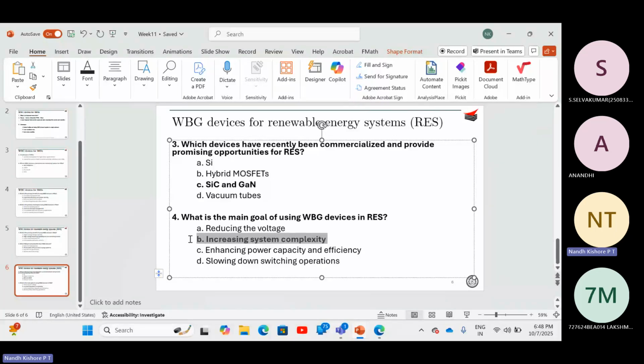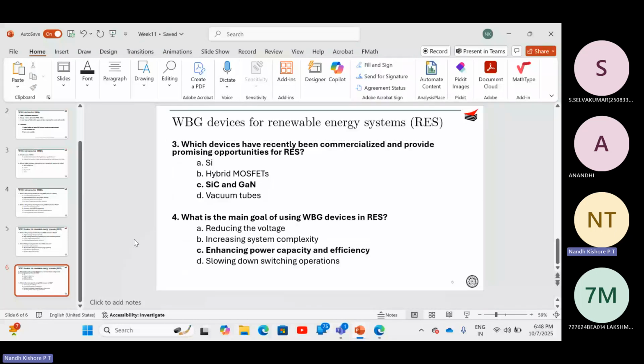Right, so again, very simple question. So the idea is to enhance the power capacity and efficiency.